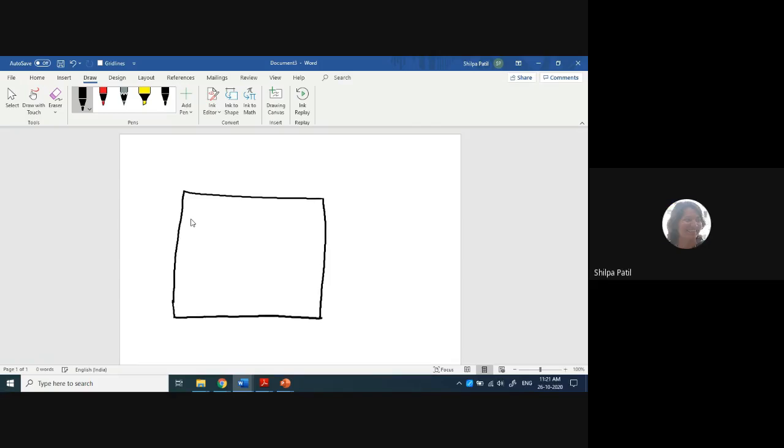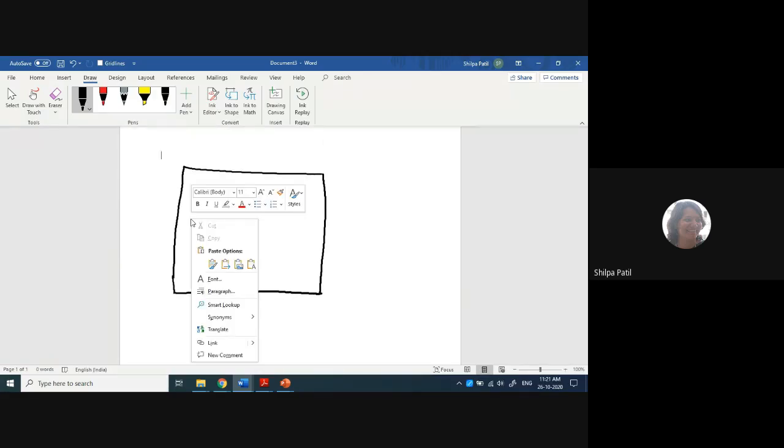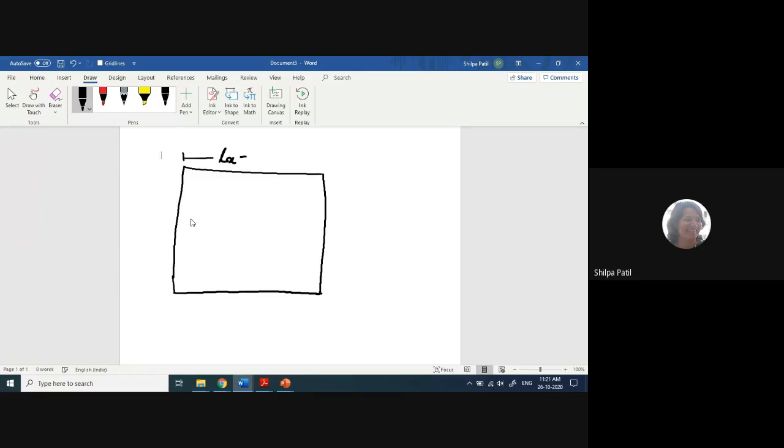I'm explaining to understand the concept. If you wish, you can draw. Okay, so let us assume this as the Lx, smaller dimension. What is the smaller dimension given in the problem statement? 4 meter. And this is say Ly, which is equal to 5 meter.